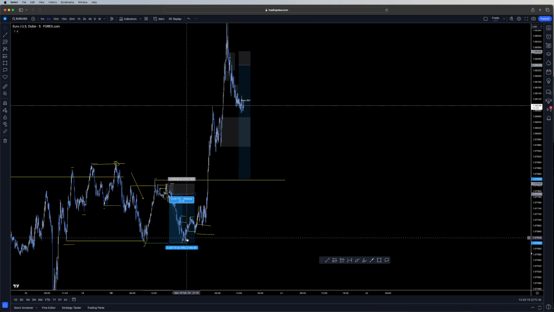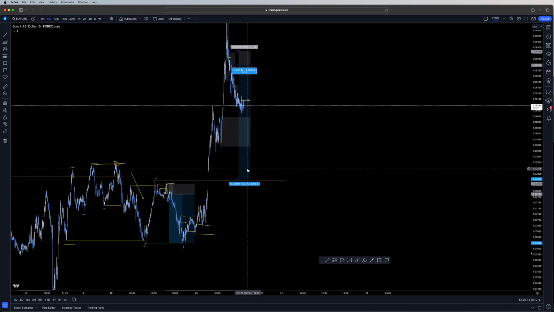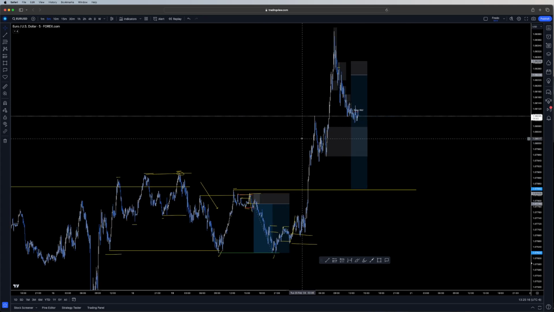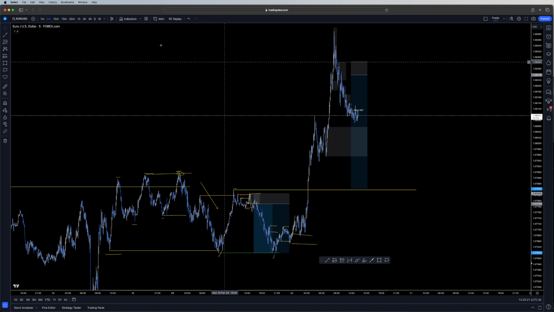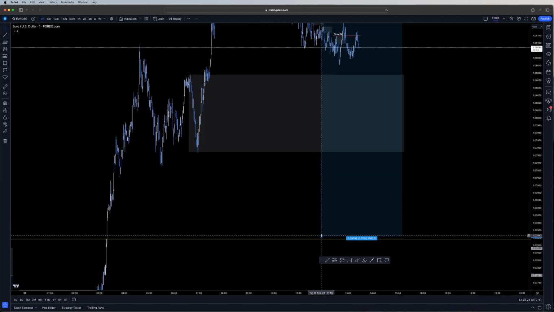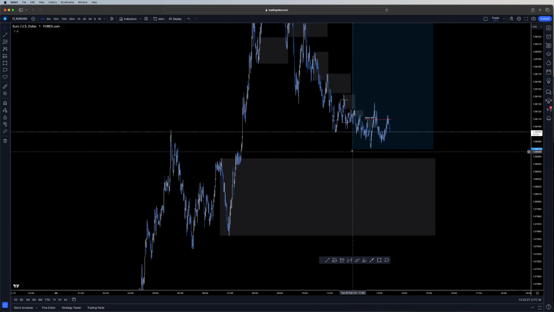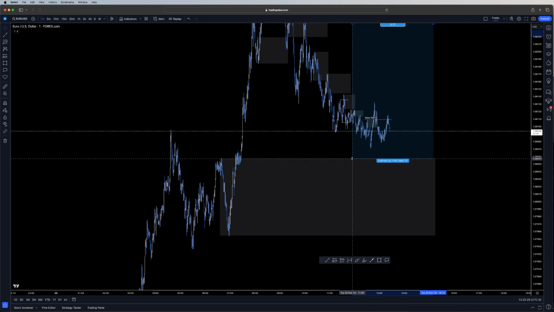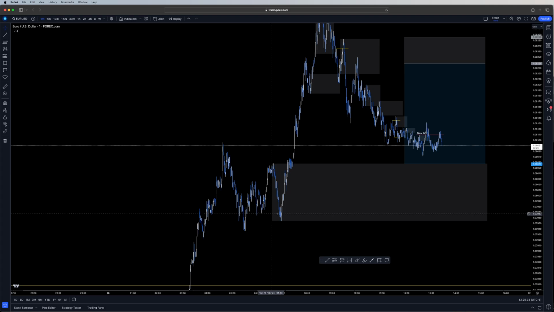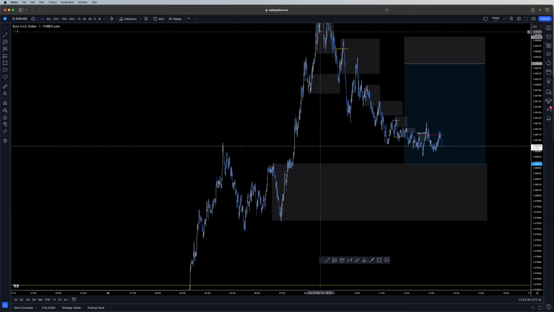This is the final push down before the move erupted upwards, and I still think we can come down here, but I'm more so looking to be in and out of trades by, let's say, 1-2 p.m., which is about 2 hours before the new day. So I kind of altered my TP and I made it to here, which is the internal final push downward, which took liquidity, which led into the bullish impulse upward.